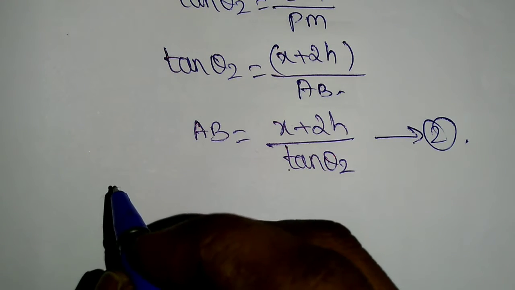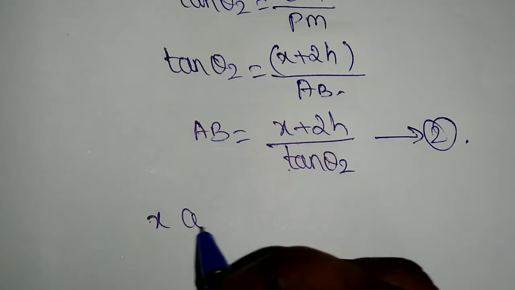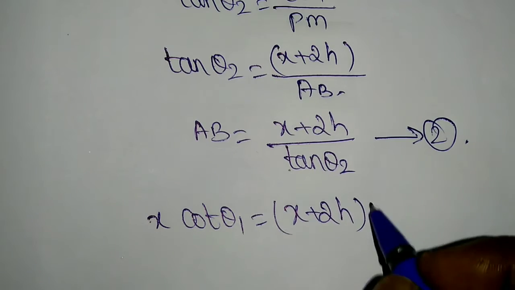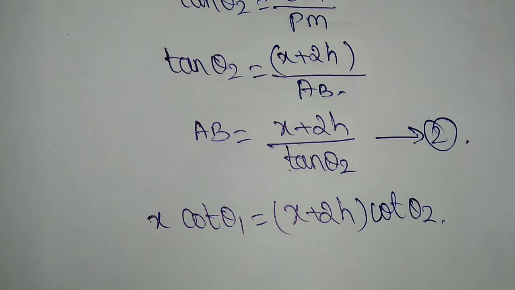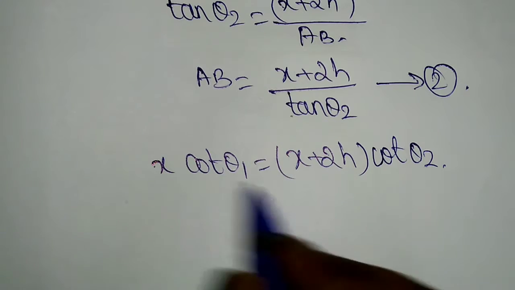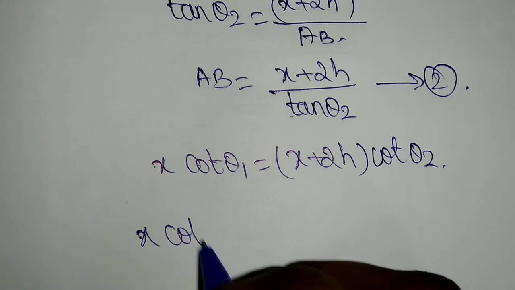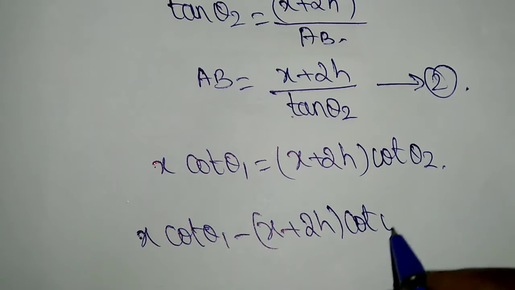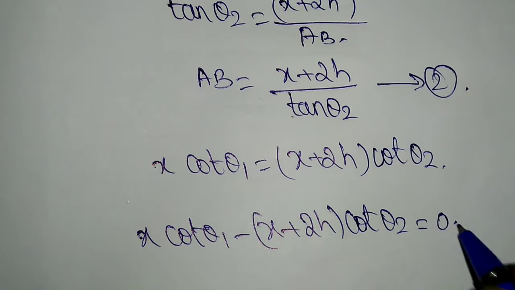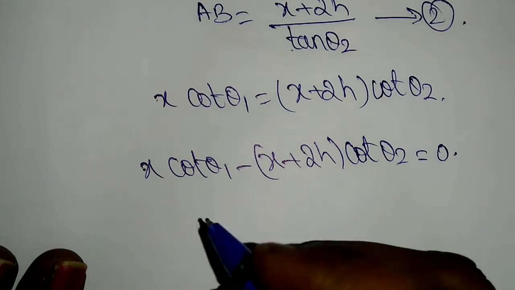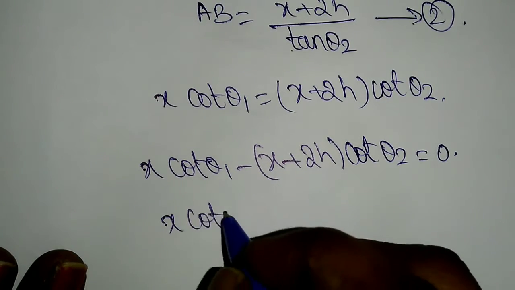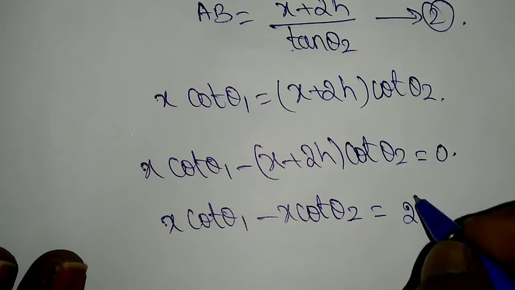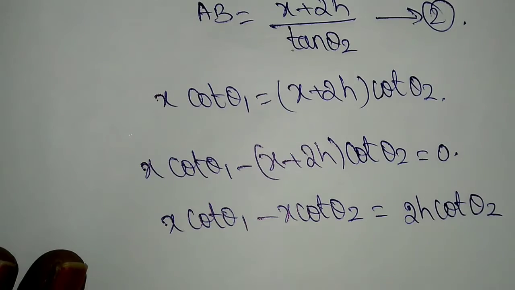From the equation 1 and 2, here equate X into cot theta 1 is equal to X plus 2H into cot theta 2. Now here we have to take on one side, X into cot theta 1 minus X plus 2H into cot theta 2 is equal to 0. So here we get X into cot theta 1 minus X into cot theta 2 is equal to 2H cot theta 2.